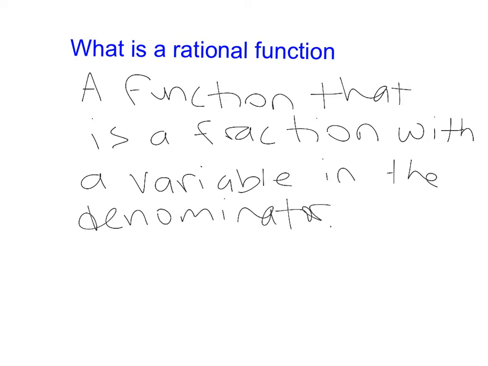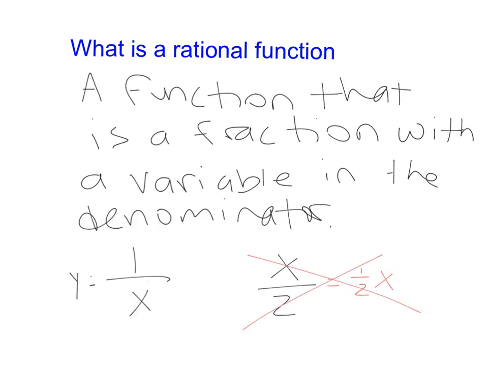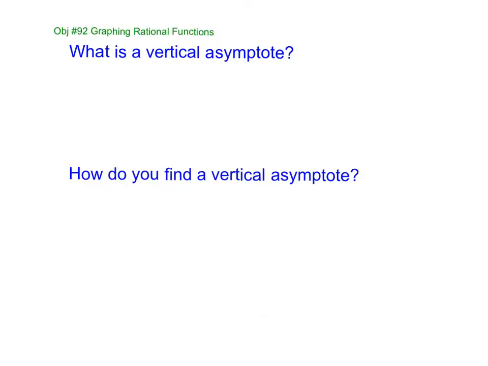So 1 over x is rational. X over 2 is not, right? That's a line. That's just 1/2 x. So this is not a rational function. The x has to be in the denominator.